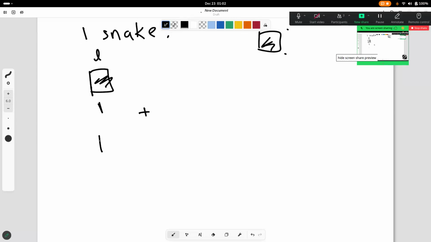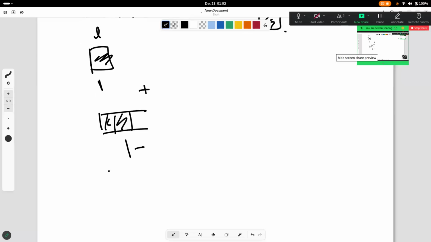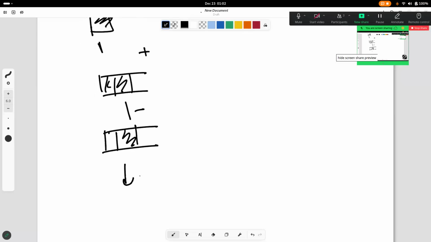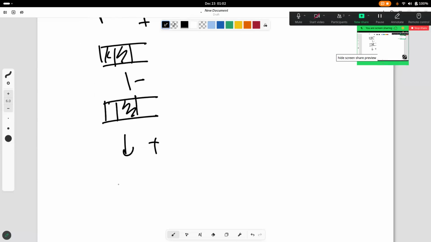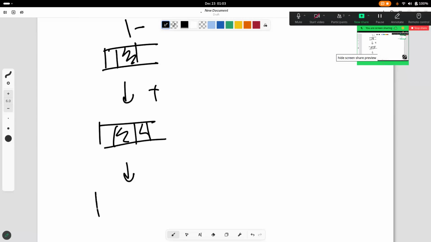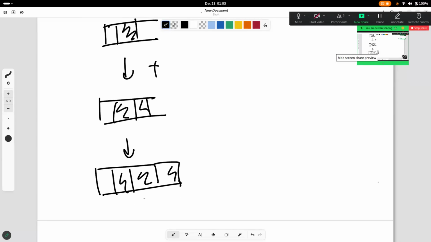Now you would have some operations of the form: expand it, then you would occupy two cells, then somewhere here shrink it, then the first cell would be empty and this cell would be occupied, then enlarge it, then maybe enlarge it once again, and so on and so forth, and maybe shrink it a few times.